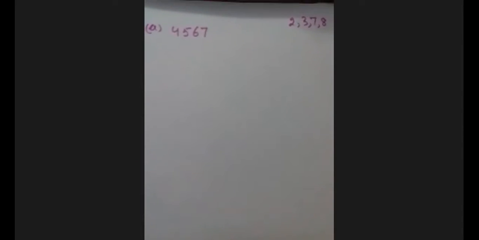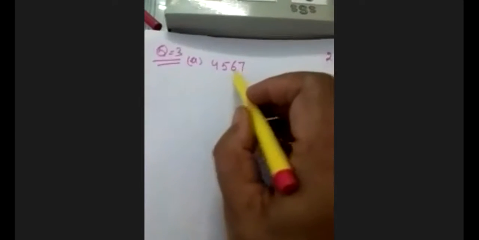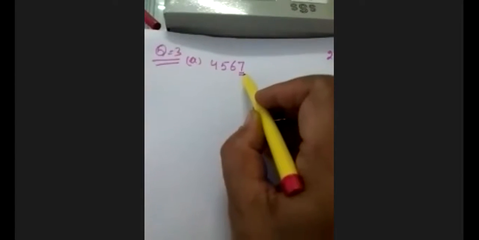Yes, friends, here again we are using the property: if the last digit is 2, 3, 7 or 8, then we can say this number is not a perfect square. Now here observe the last digit at unit place is 7.